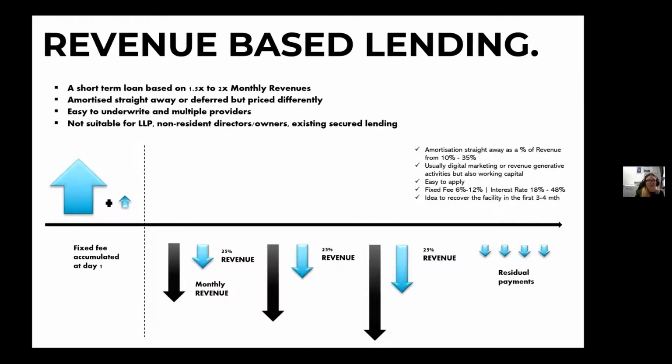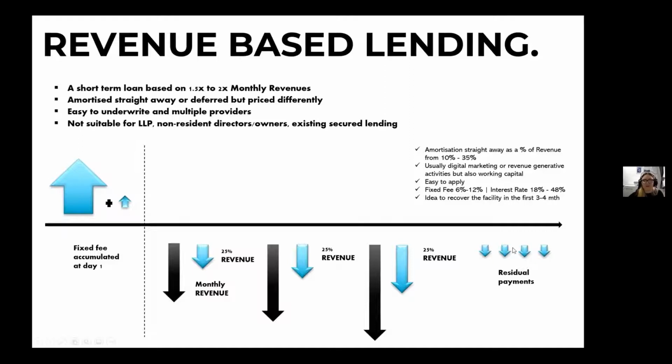So you have growth before you apply. They see it, they create a sort of month-to-month model, they're able to underwrite on that model. So if you're growing at 10, 20% month on month, you're very, very fortunate to be experiencing such growth, then of course you're going to be able to access this very quickly. But the vast majority of the amount that you're paying, actually you're paying in the first 3 to 4 months.